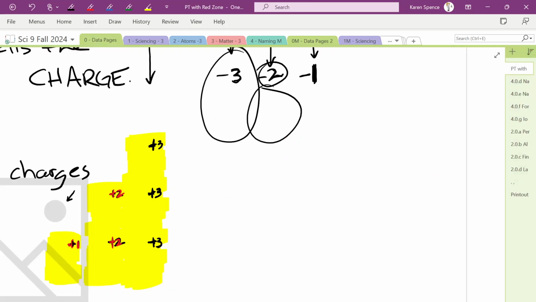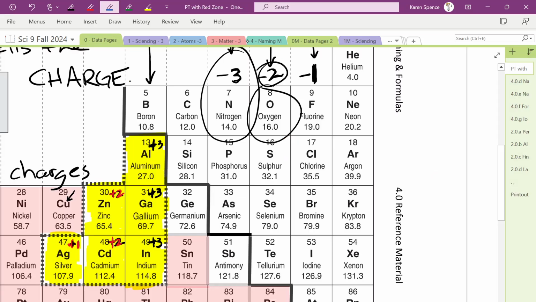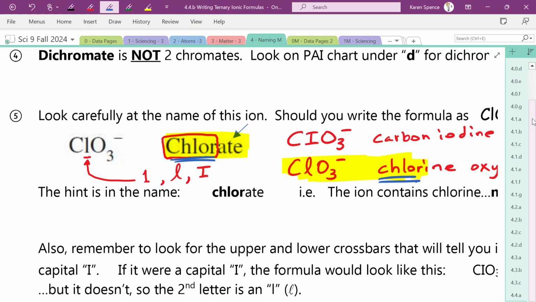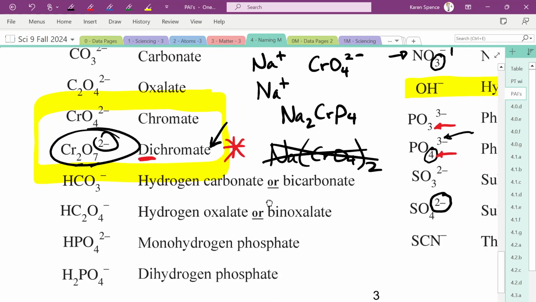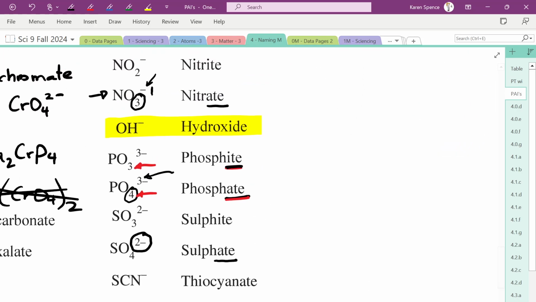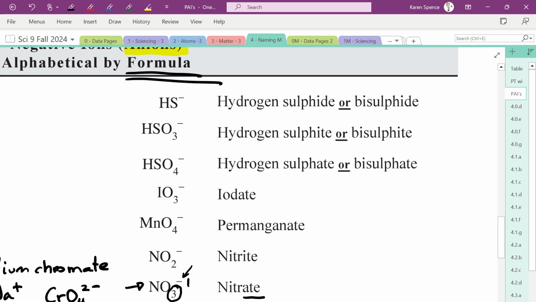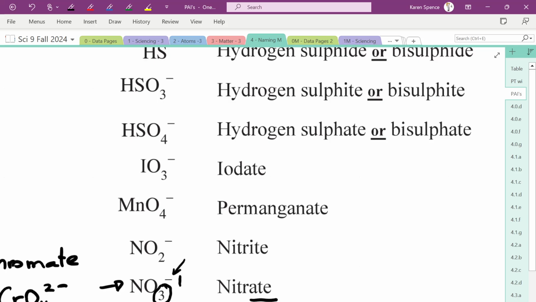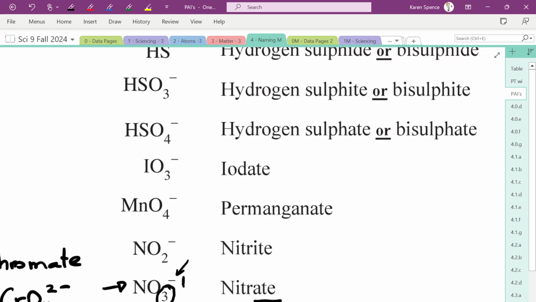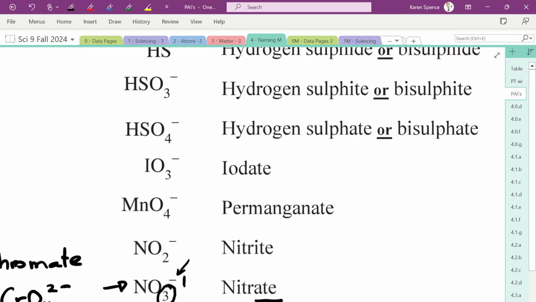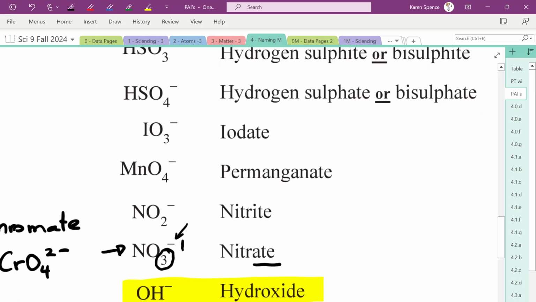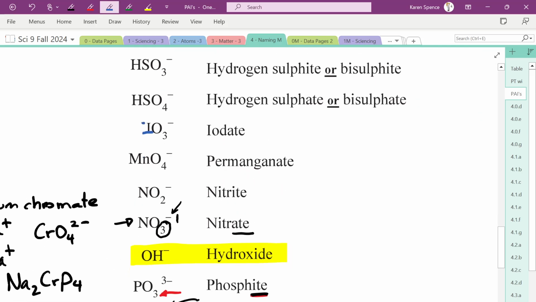Let's go take a look at our data pages and look at our green sheet. Over here, can you see how this I for iodate has a bar on the top and on the bottom? Okay, it's got a line here and here.